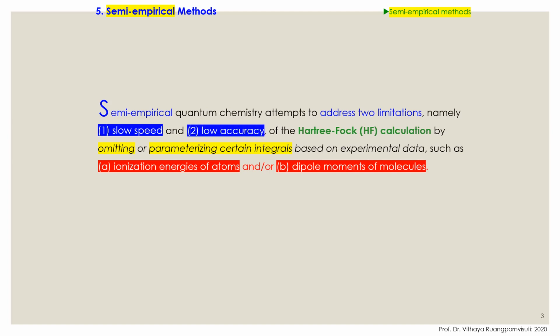The second is to overcome the low accuracy of the Hartree-Fock calculation by omitting or parameterizing certain integrals based on experimental data, such as isomerization energy of atoms or dipole moments of molecules.